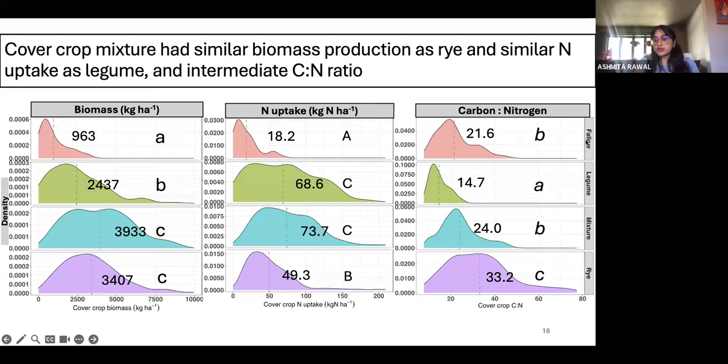The first one is fallow, second legume, third mixture, and then rye. Different numbers represent average values for these variables, and then the letters are significance letters. When you compare the significance letters, we're not comparing the lowercase a with the uppercase A with italics. It is compared within these vertical stacks.